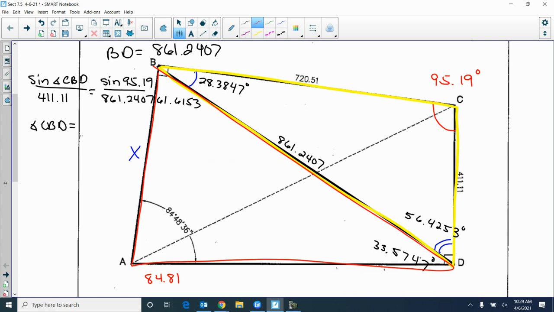And then so sine of 33.5747 over x equals, I know sine of 84.81 over 861.2407. And since this is one of your final answers, you can round this one to 2 decimal places.